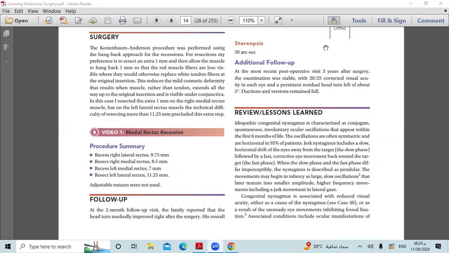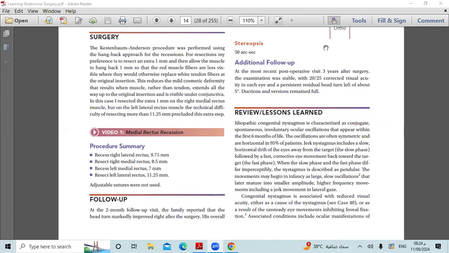Not common at all. It's a healthy patient with very good vision. The central nervous system should be normal, and the eye should be free of ocular manifestations. So you should differentiate congenital motor nystagmus from congenital sensory nystagmus.